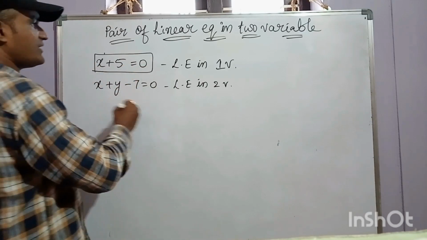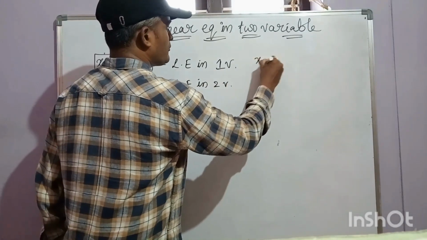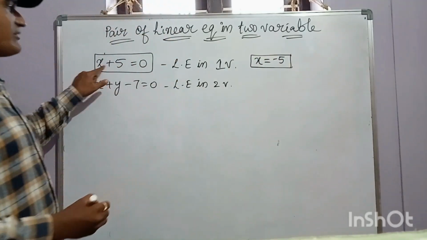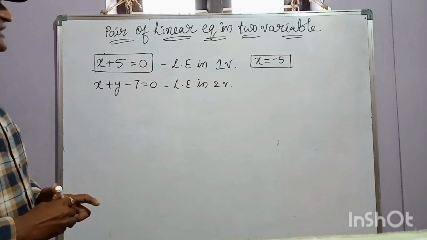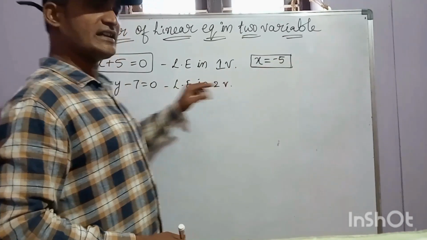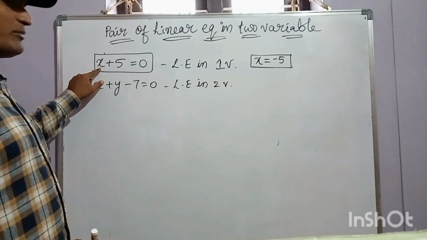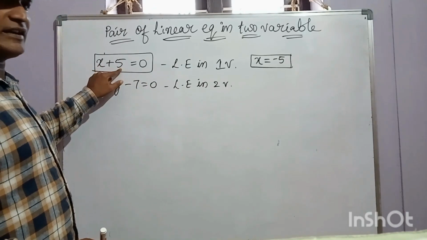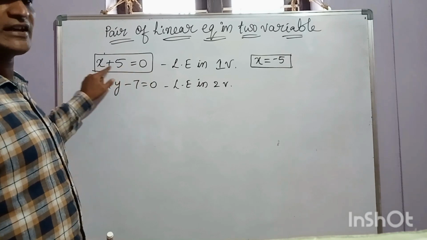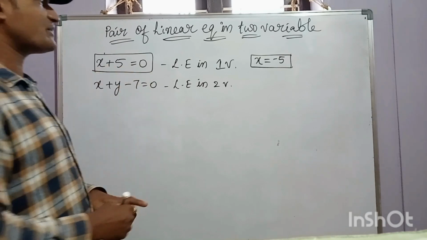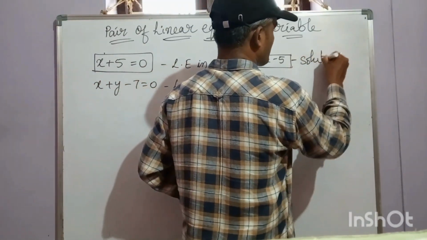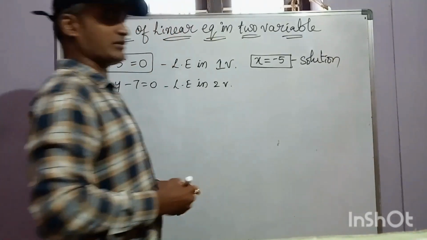In this, if x is equal to minus 5, then this equation will be satisfied. It means the left hand and right hand parts become equal. So x equal to minus 5, and minus 5 plus 5 together gives 0. 0 equal to 0, left hand and right hand are equal. So this is called a solution of the equation.